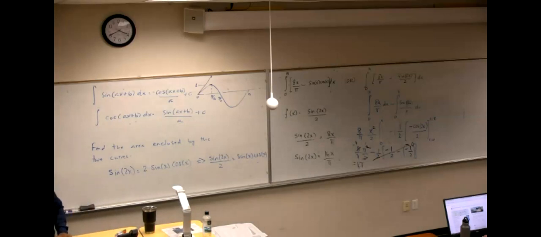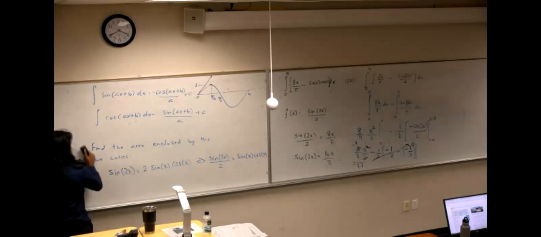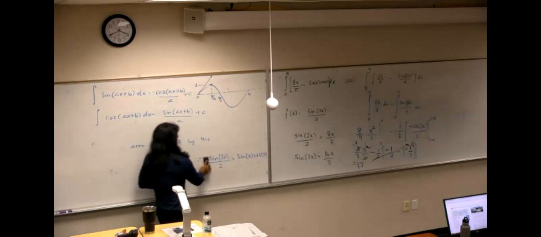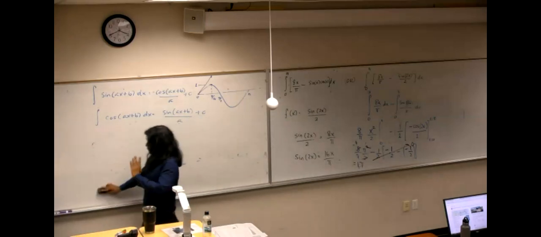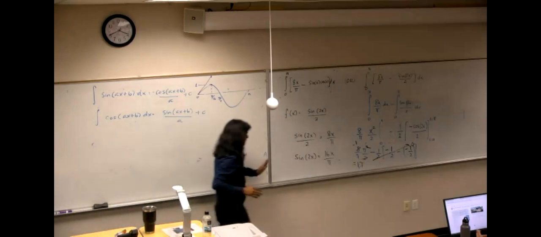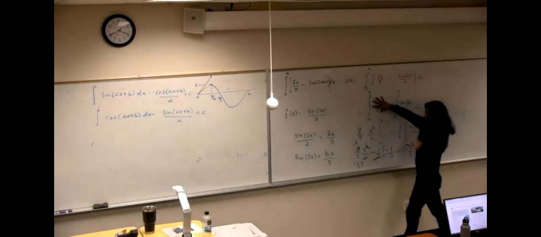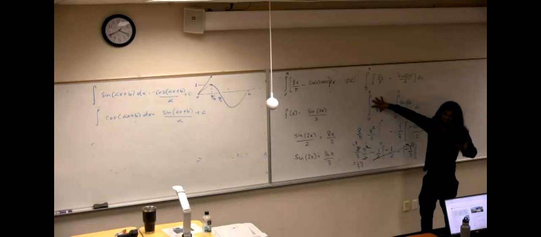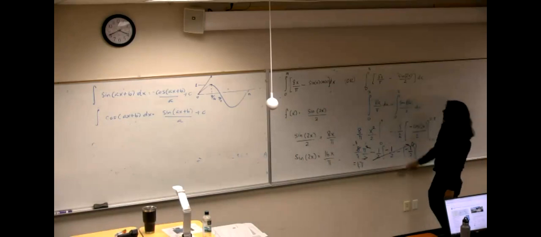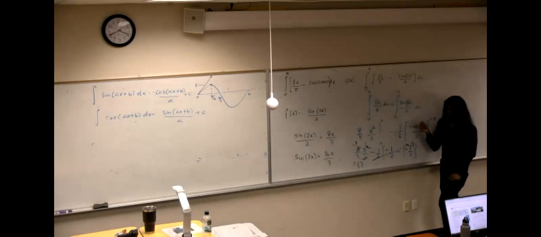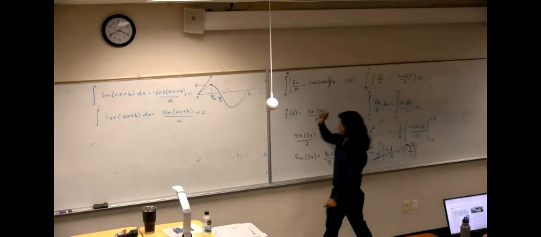Good. Now, if you didn't do the trigonometric identity, if you kept it as is, the first integral, this part, not a big deal. That's not going to change. Same answer throughout. But what about this part over here?